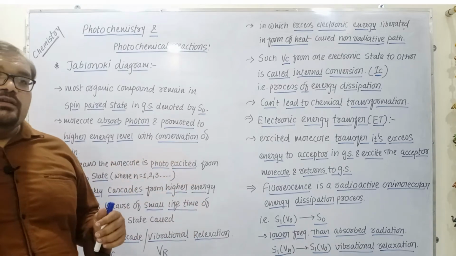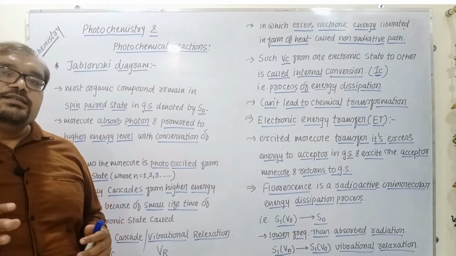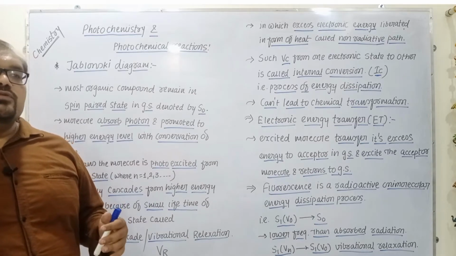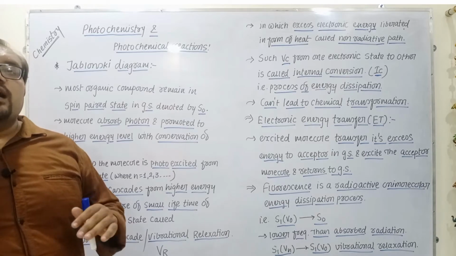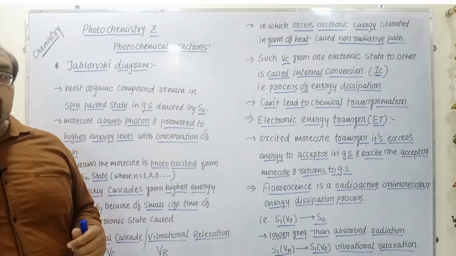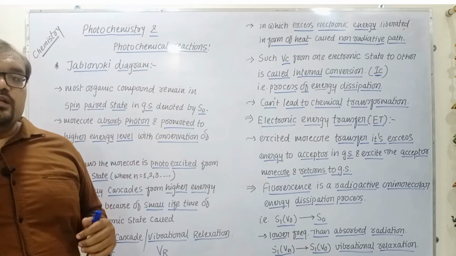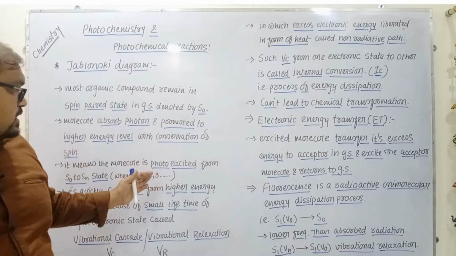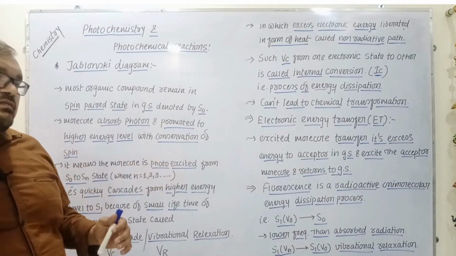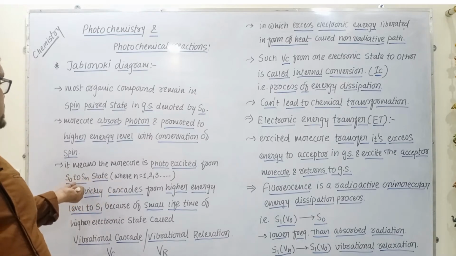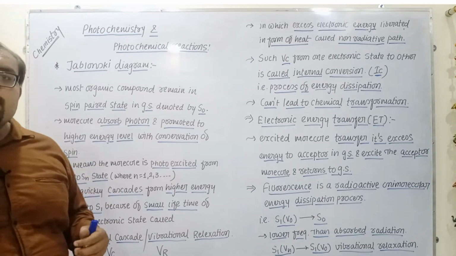When we apply energy in the form of photons to the molecule, these molecules are excited to a higher energy level with conservation of spin, and this excitation is known as photoexcitation, when such molecules are shifted from S0 to Sn state.